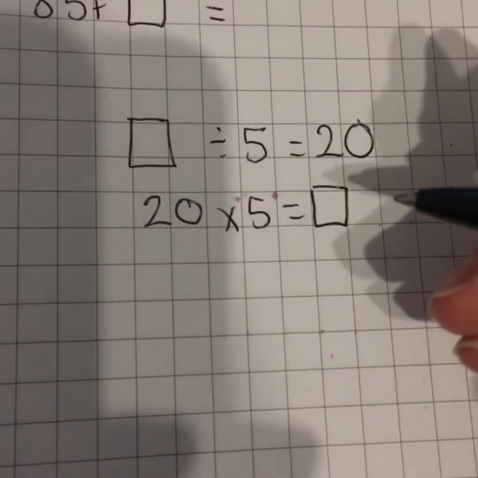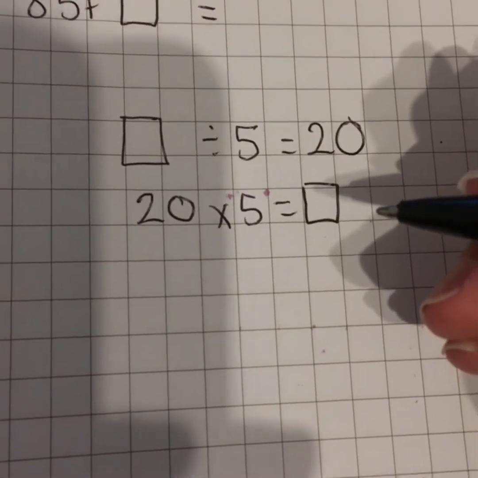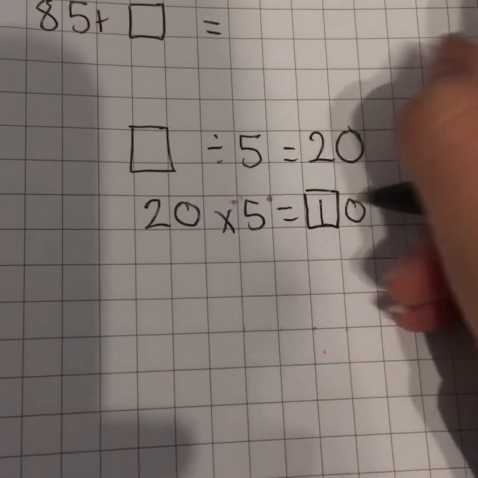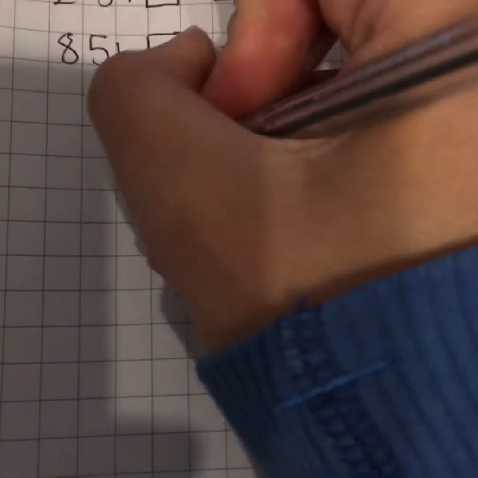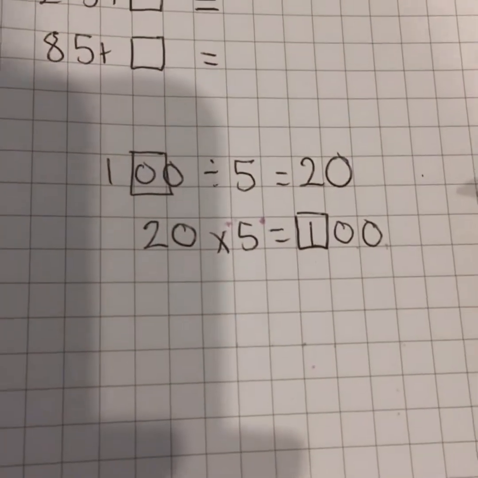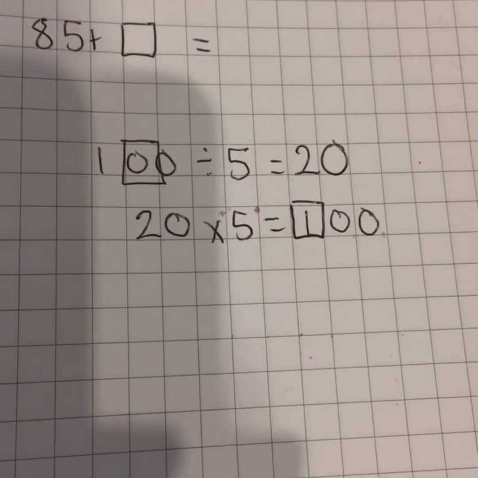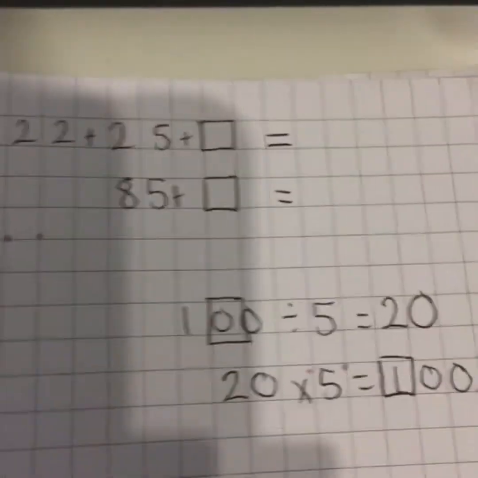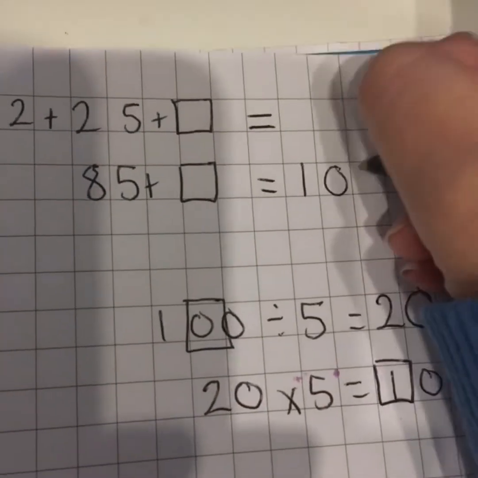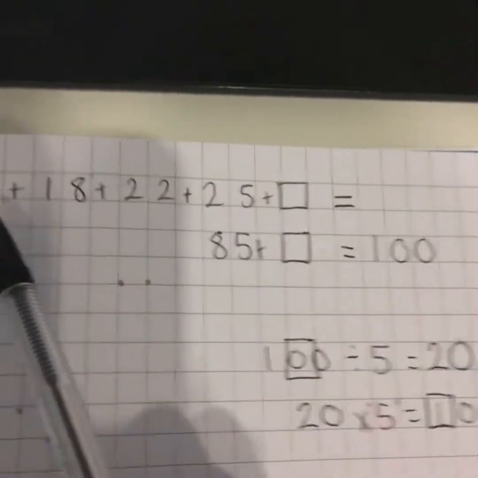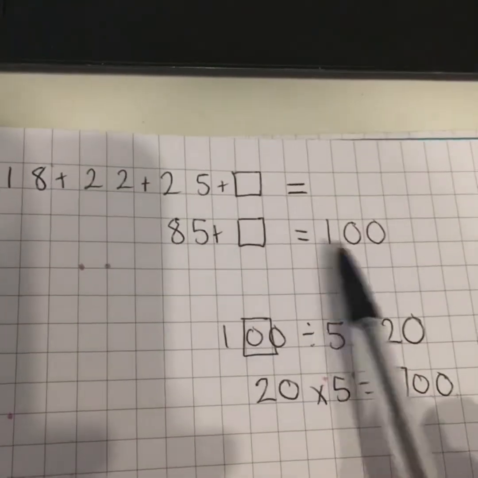So 20 times 5 is, hopefully you're telling me, that it's 100. So I know then that my total, before I then divide it by 5 to get 20 and get my mean, I know that my total is 100. So I know that all the lengths of the snakes need to add up to 100.